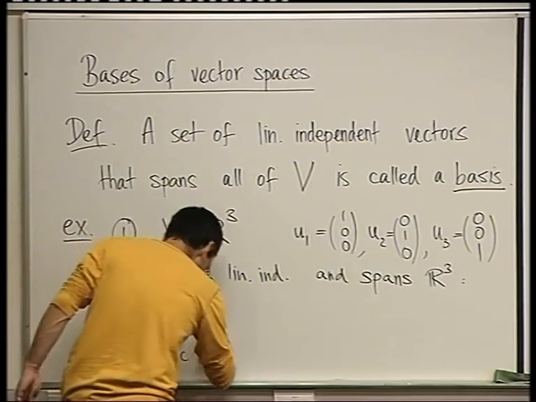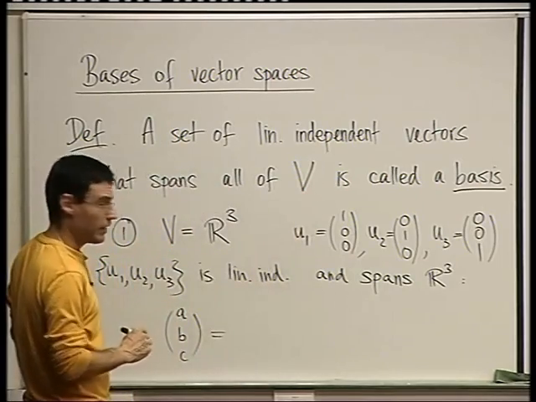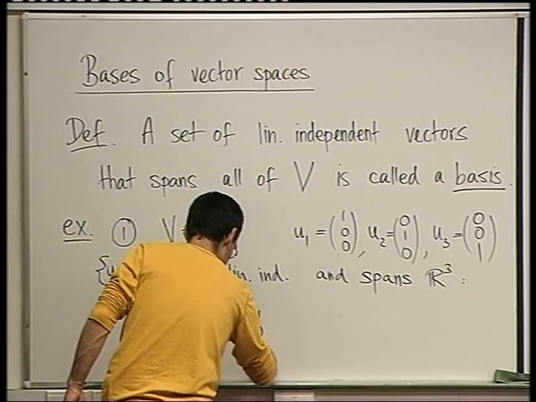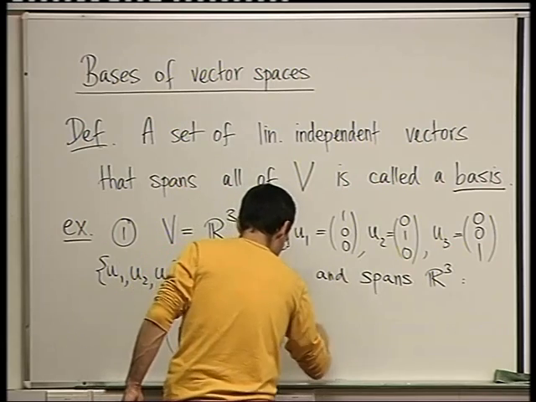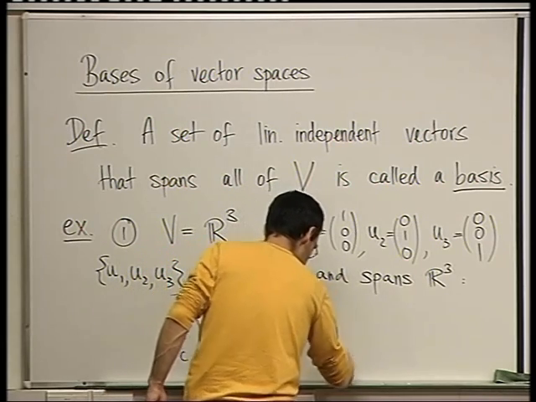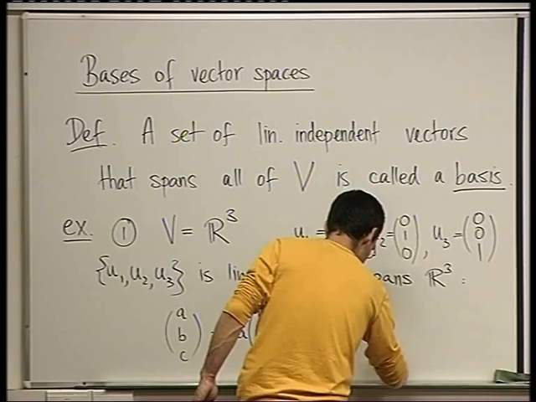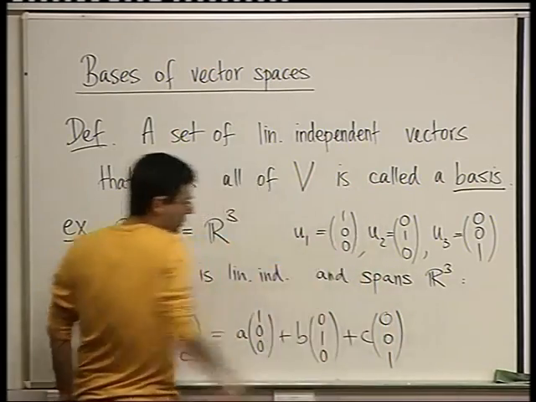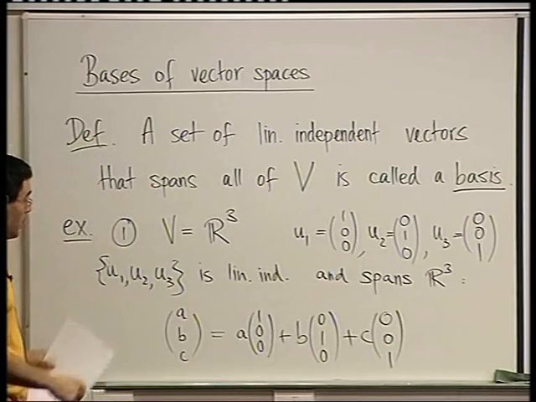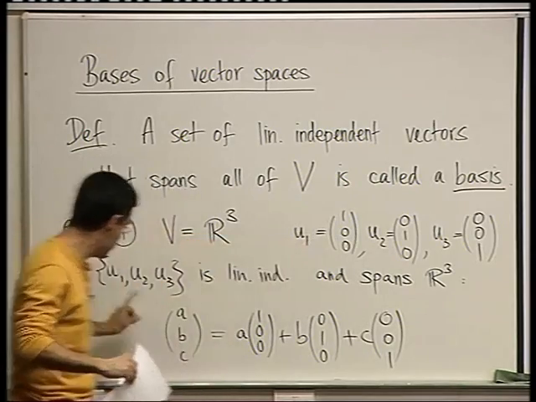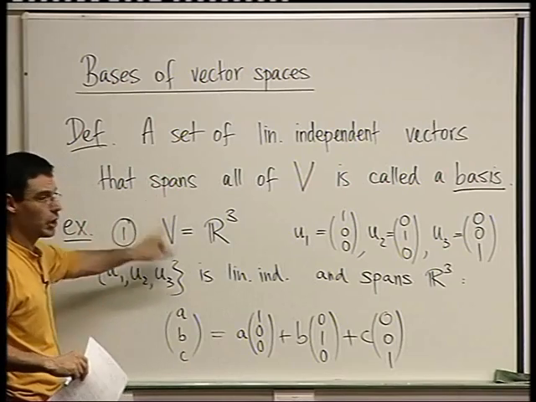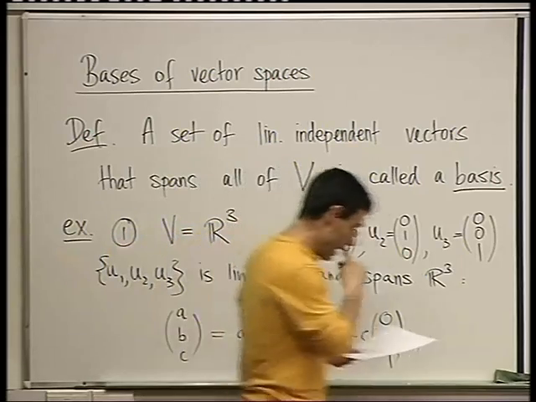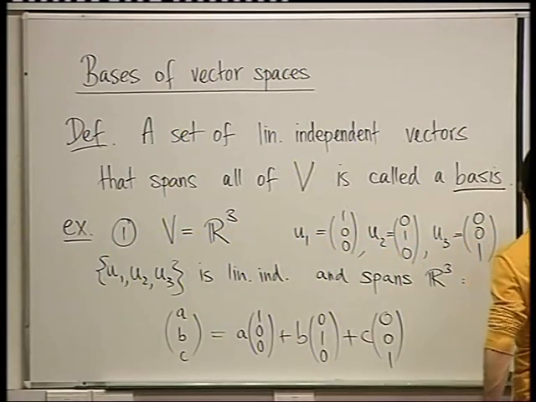And I can easily write it as a linear combination of these three guys, right? I'm going to write it as A times 1, 0, 0, plus B times 0, 1, 0, plus C times 0, 0, 1. There you have A, B, C as a linear combination of U1, U2, and U3. So do you agree that this set is a basis for R3? Good? Okay.